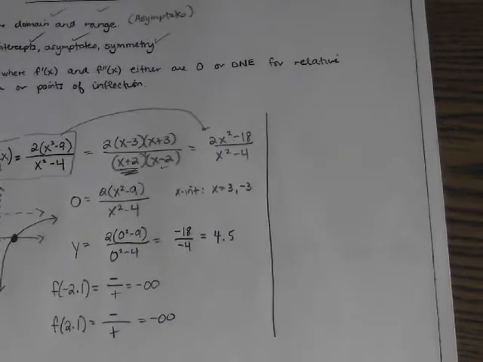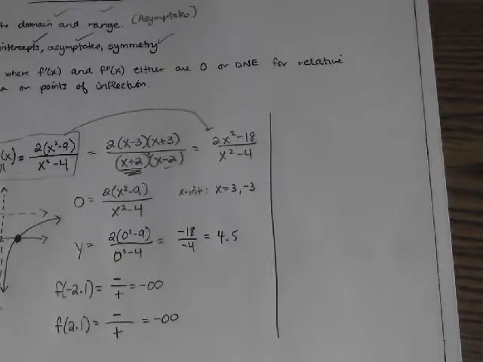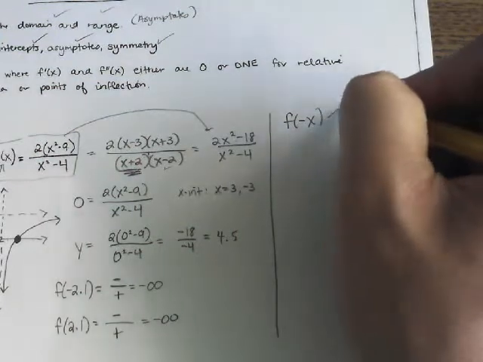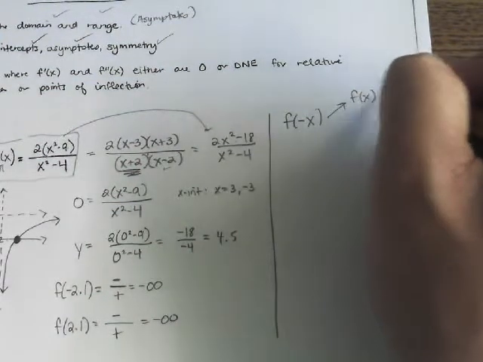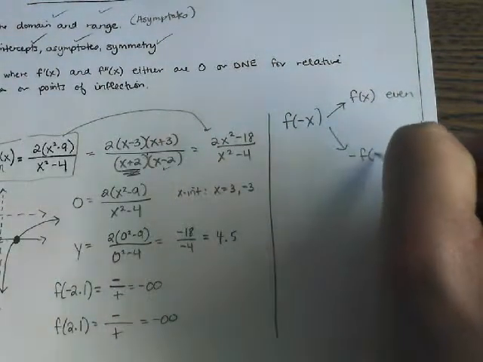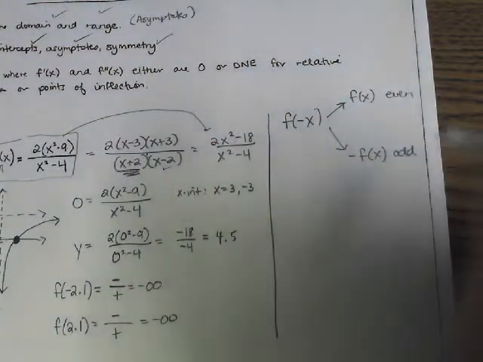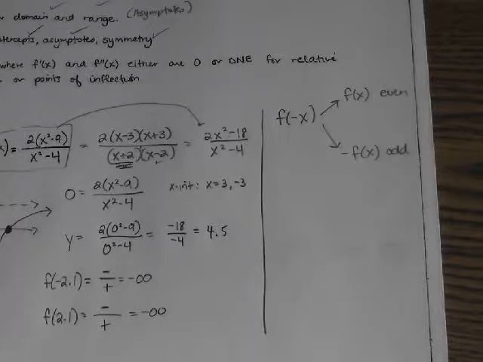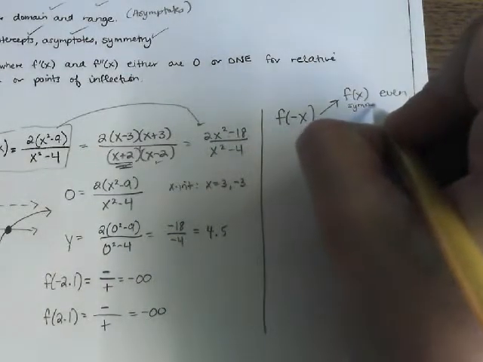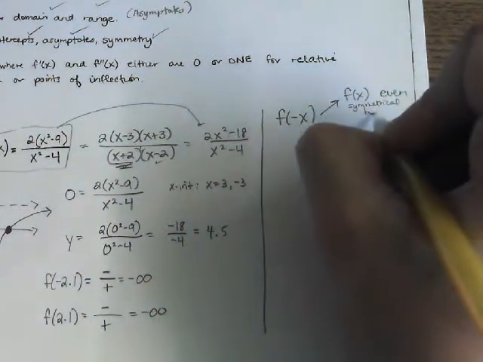So if you plug in negative x, if you get back the original, it's even. If you get back the exact opposite of the original, it's odd. Even means it's symmetrical to what? Yep, symmetrical to the y-axis. And odd means it's symmetrical to the origin.